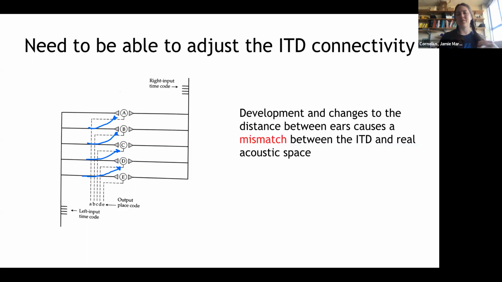In other words, you need to have a way to adapt and change the connectivity in the nucleus laminaris if you want to maintain the link between the interaural timing difference and the actual acoustic space around the animal.